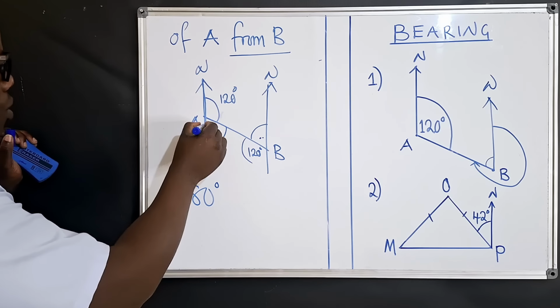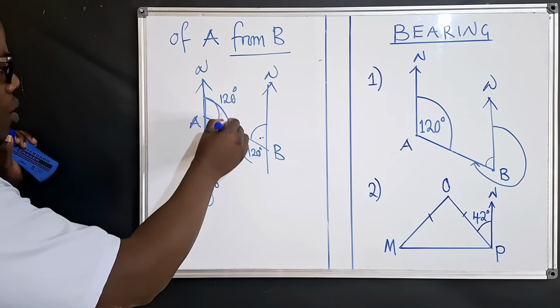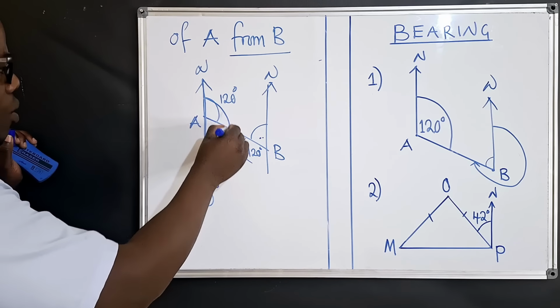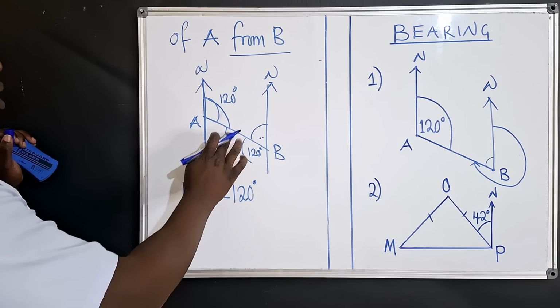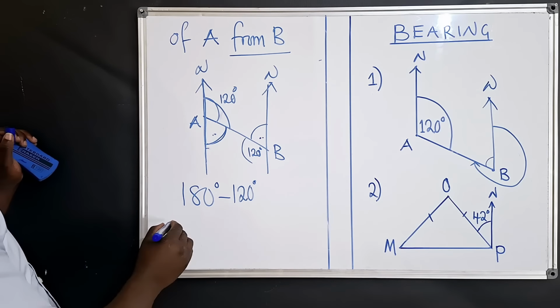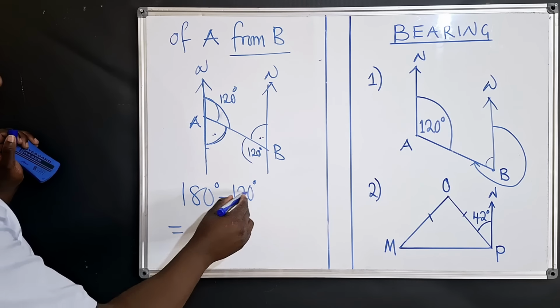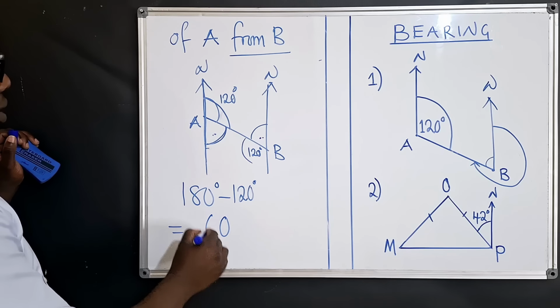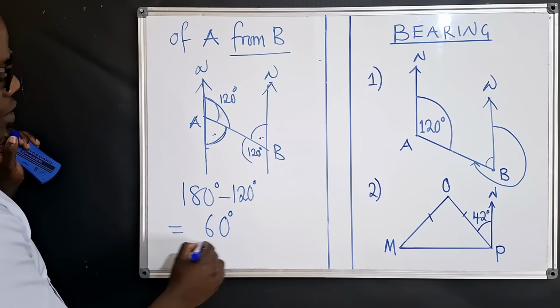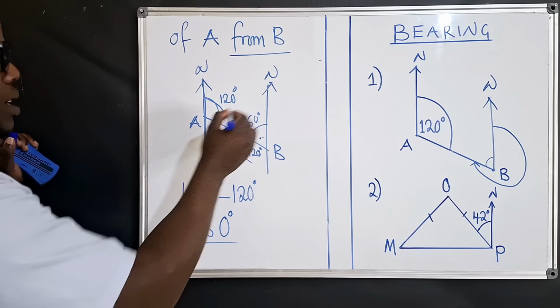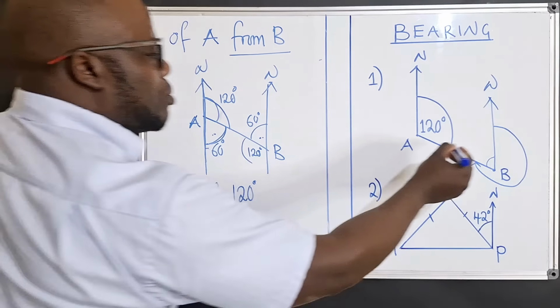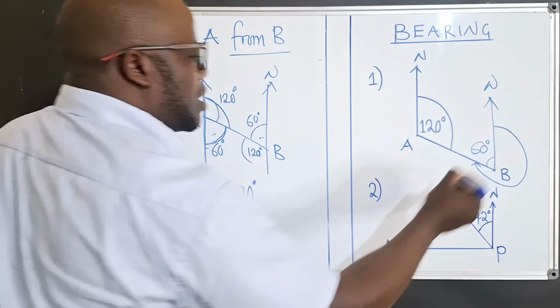So from here all the way straight line, it's 180. I will say minus 120. Look at this. Yes. I want to find this angle here. So when we start subtracting, this will give us a 0, this will give us a 6 degrees. So this is the angle which is here, 60 degrees. I can say it's also 60 degrees here. So I found my angle here to be equal to 60 degrees.